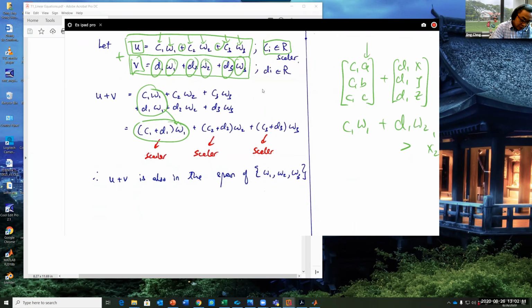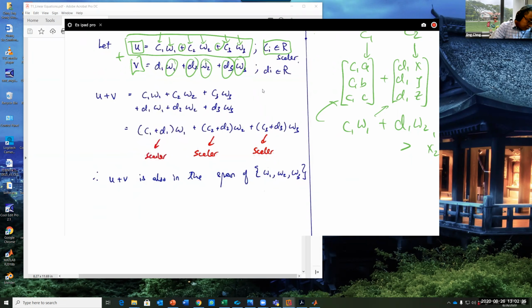So this is C1, this is C2. And then of course, when we see the matrix in this form, by brute force, we know that we can perform this distribution. C1 times W1 plus D1 times W1 can be written in this shorthand.